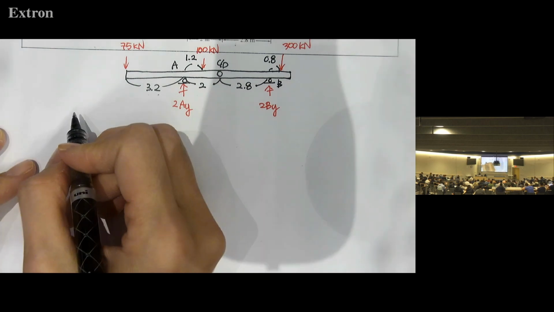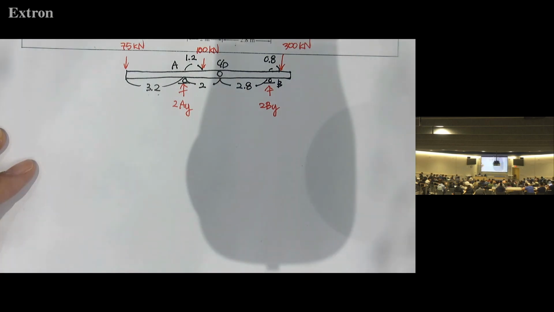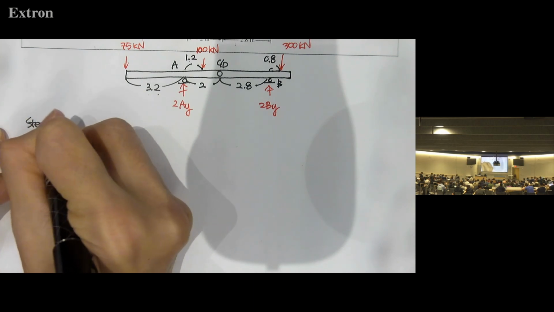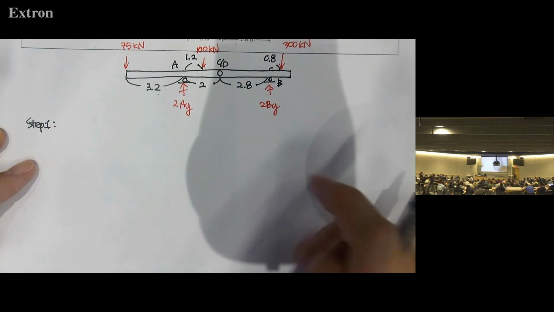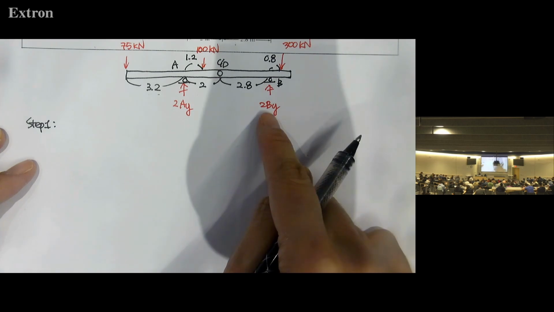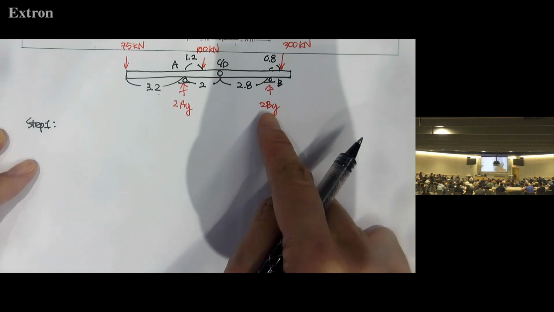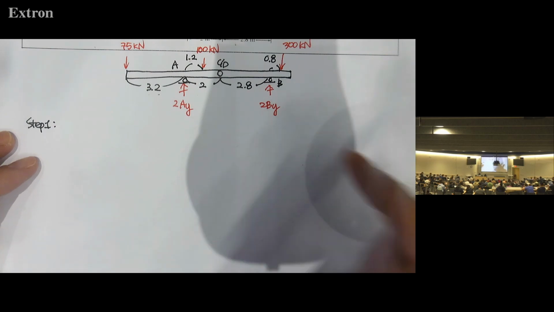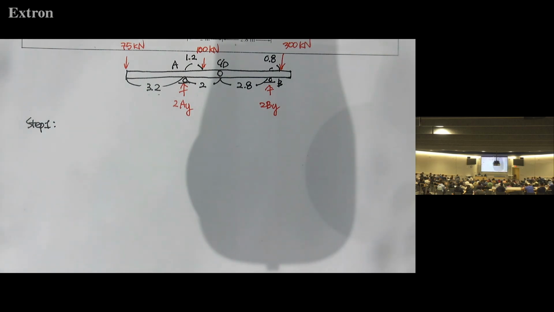Since it's machine analysis, we'll do a two-step analysis. Step 1 is global analysis. We need to find AY and BY by solving the equilibrium equations. Machines are typically unstable from our deterministic stability standpoint, but it is totally fine because there are so many other mechanisms internally.